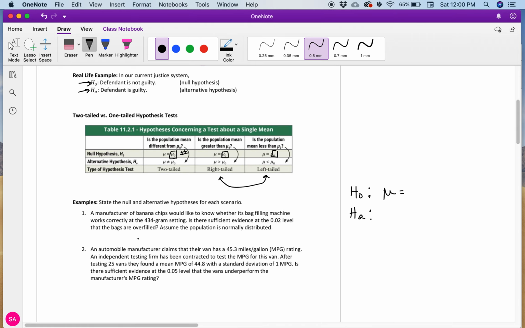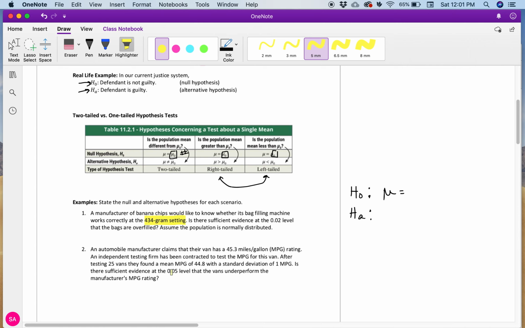So remember, the null hypothesis is what we are claiming to be true, or what we already assume to be true. If we read this problem again, a manufacturer of banana chips would like to know whether its bag filling machine works correctly at the 434 gram setting.